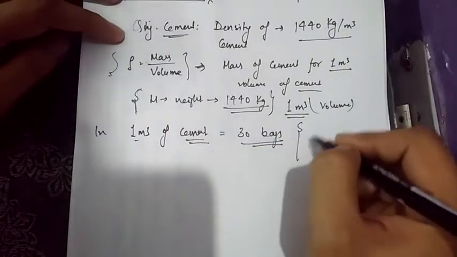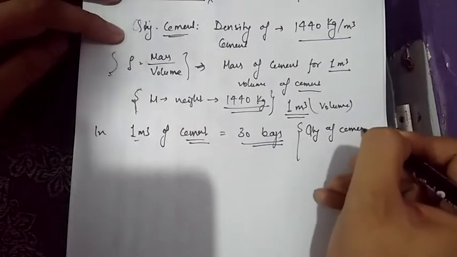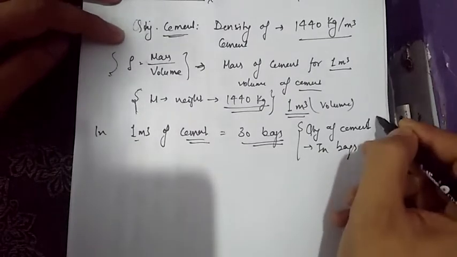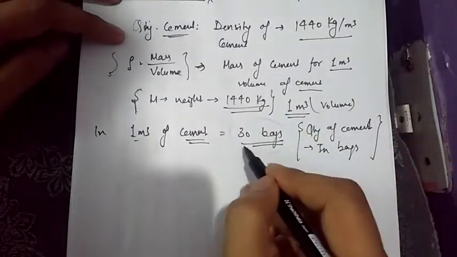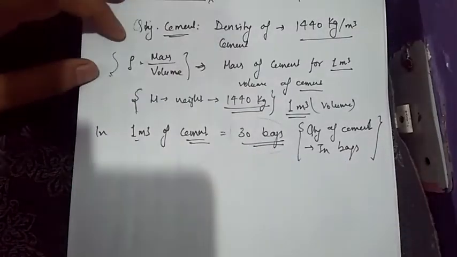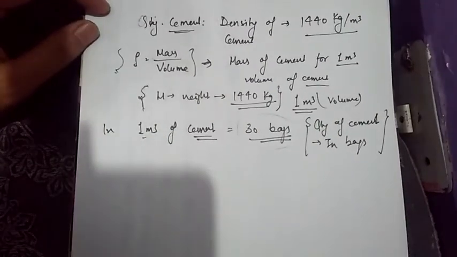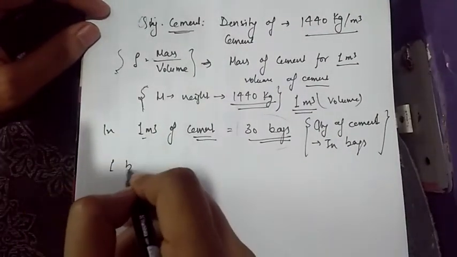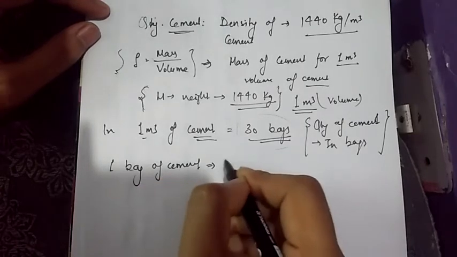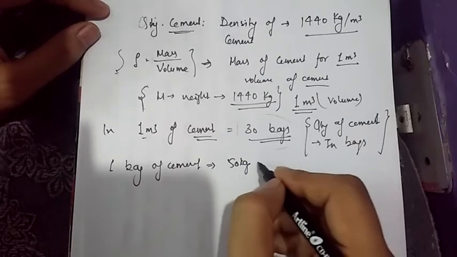So guys, as we count the quantity of cement in bags, we have to find the quantity of cement in bags only in the detailed calculations. Okay guys, so one bag of cement contains 50 kg of cement.